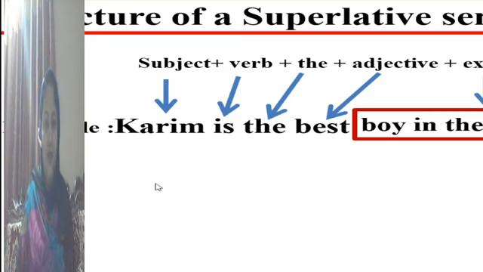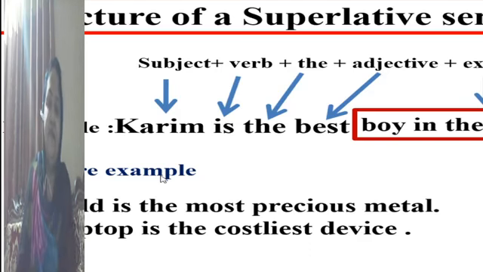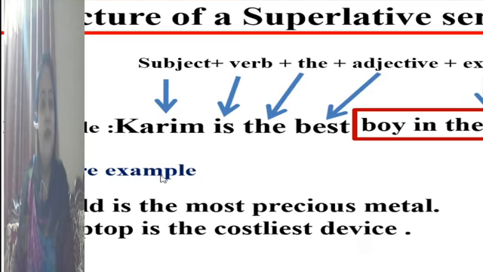Right, I will give you some other examples here. Look here. Gold is the most precious metal. Here we can easily say the subject is gold. Then the verb is. Then the sign of superlative degree, the. And then the superlative degree here is most precious.